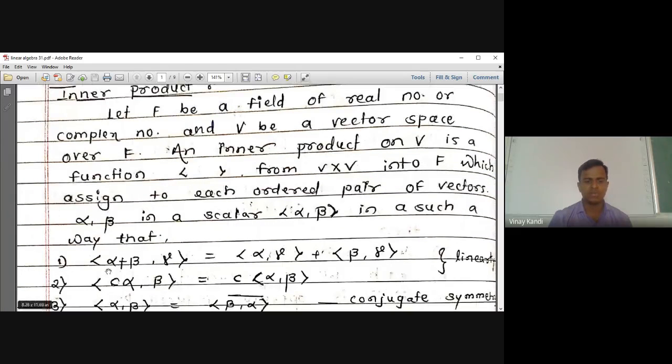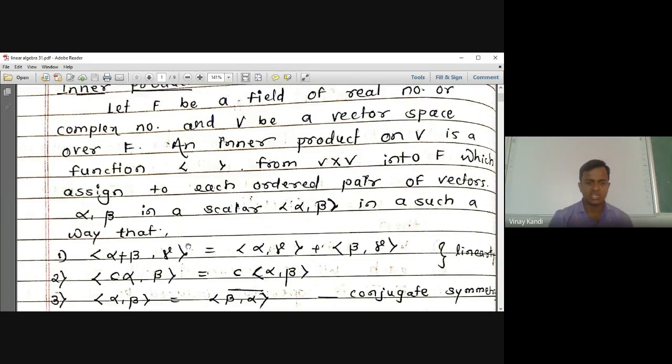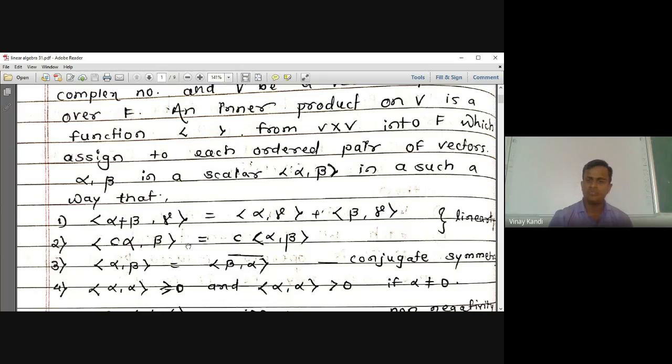The inner product of alpha plus beta and gamma is equal to the inner product of alpha and gamma plus the inner product of beta and gamma. So the function is from V cross V into F. The ordered pair input comes from V cross V and the output comes from F. If these four conditions are satisfied, then we say that V is an inner product space.